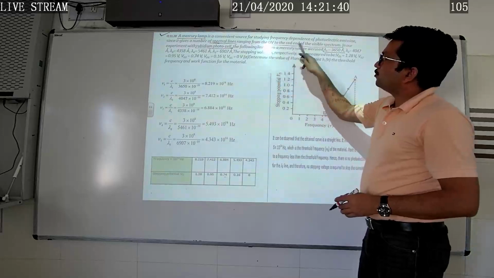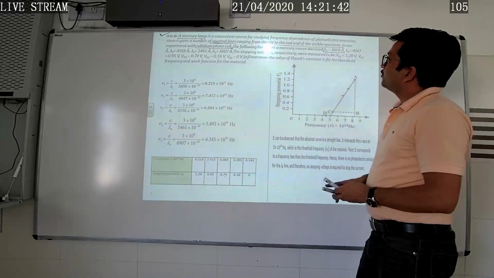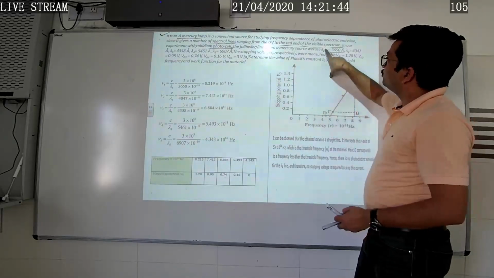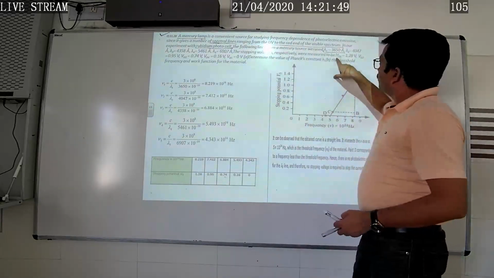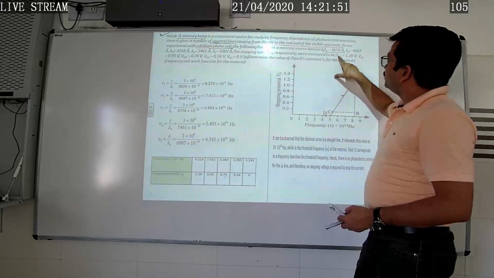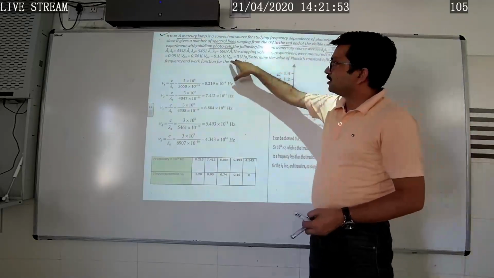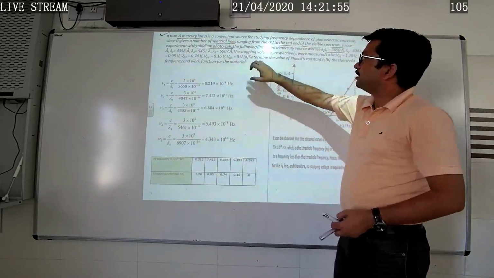The stopping voltages were measured corresponding to these wavelengths. In this rubidium photocell, the stopping voltages V01 and so on are all given to us.